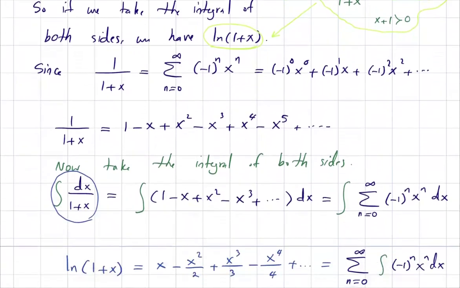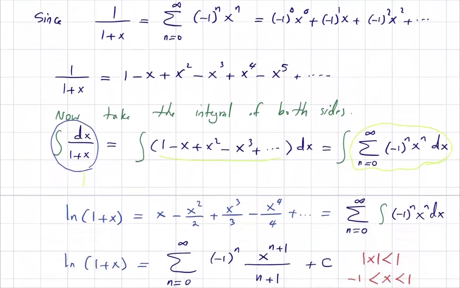The integral of 1 divided by 1 plus x with respect to x is the integral of this sum, which on the right-hand side is the integral of this power series. The integral of dx divided by 1 plus x is ln of 1 plus x, assuming that 1 plus x is positive, and the integral of 1 is x.